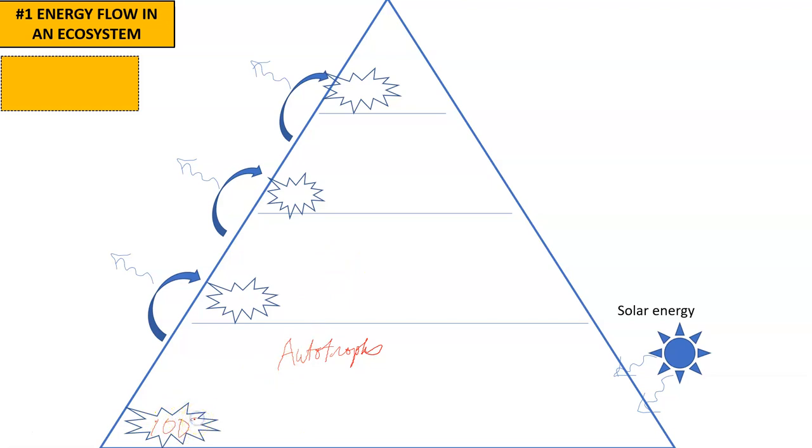I'm going to put a percentage over here. 100% of energy. We're going to assume that the 100% represents the energy that is absorbed by these autotrophs. Now, interesting thing to note is 90% of energy is lost as heat between each trophic level. So, a primary consumer comes by and eats some autotrophs.